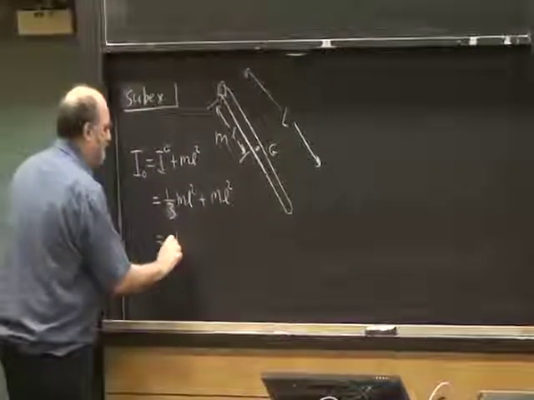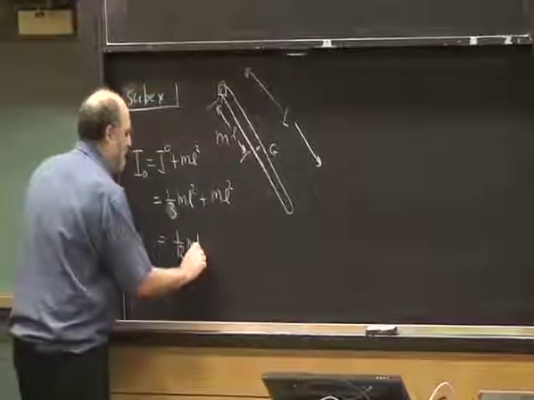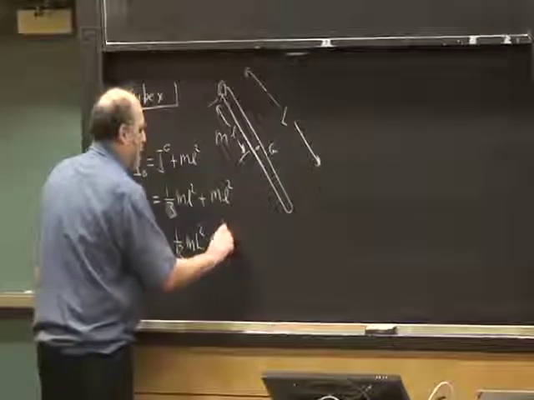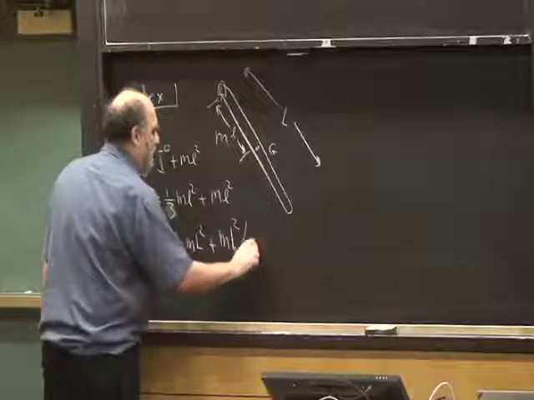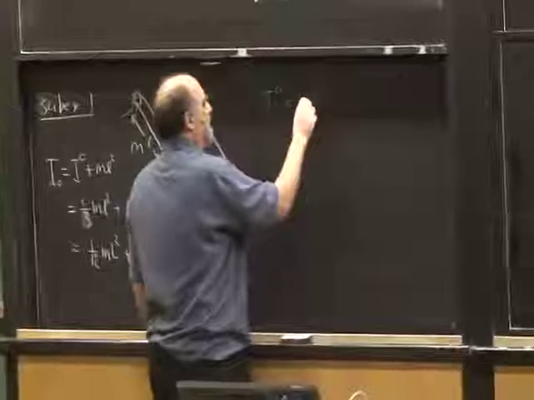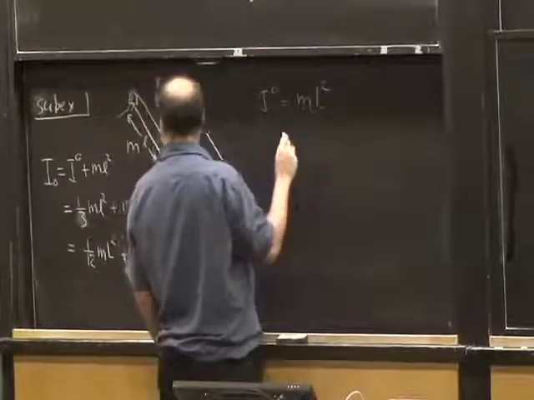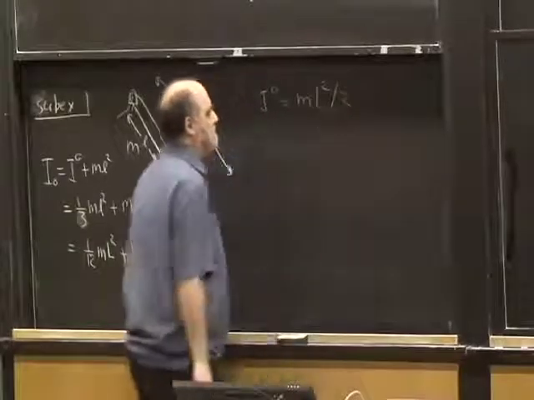So this turns into 1/12 of ml squared plus ml squared over 4, which turns into I0 equals ml squared divided by 3.